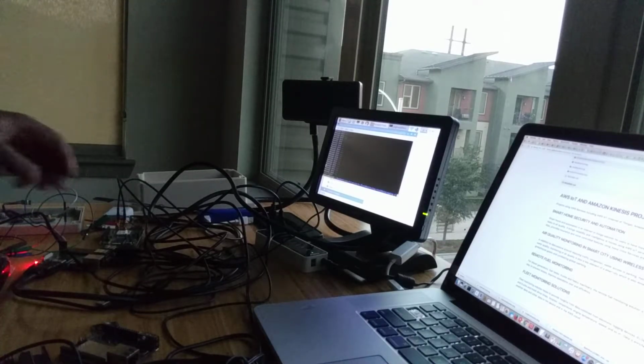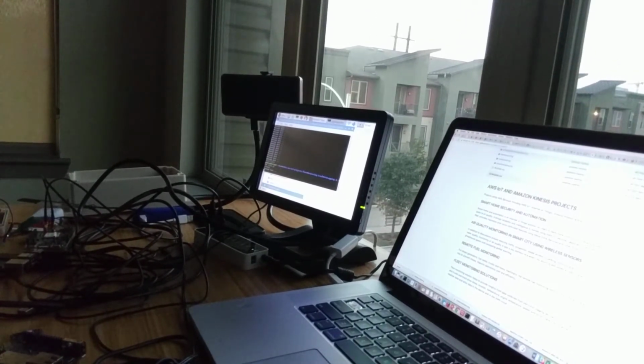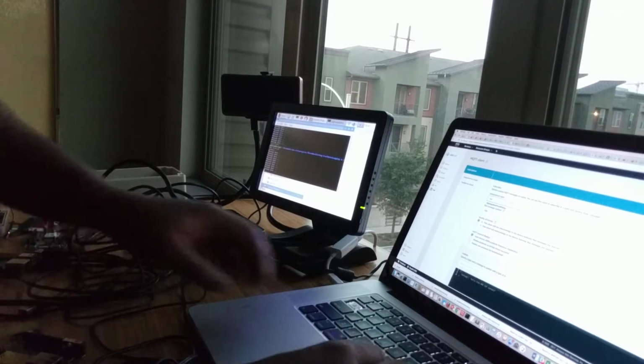Here I have the Raspberry Pi, and it's connected to this small monitor, and once I run this script, it starts publishing data to the AWS IoT platform.